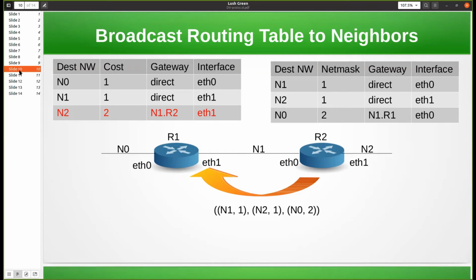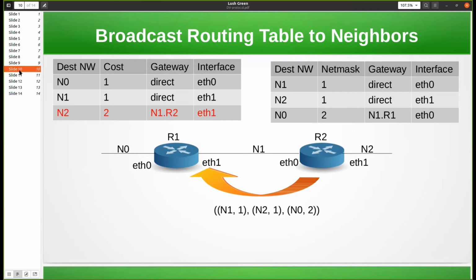It is not going to update N1, but it finds N2 is a network ID it doesn't know. So using rule 1, it adds the entry in its routing table. The cost is 2. Who is advertising it? N1.R2. On which interface did you receive this advertisement? You received it on ETH1, therefore the interface is ETH1.